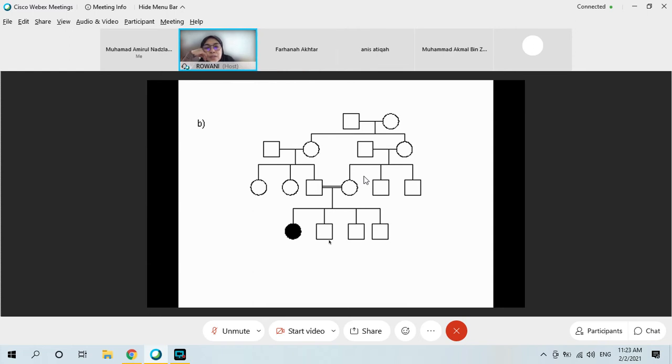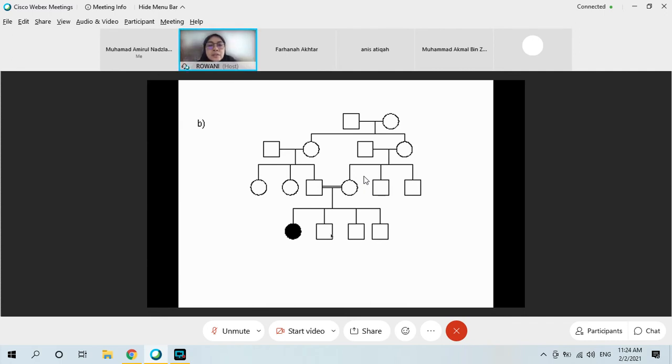So what do you think? I mentioned earlier, we have done whole genome sequencing and we found that there is a genetic variation in both alleles. So what do you think is the mode of inheritance of this genetic defect, which probably is the cause of the disease in this child? I think it's still autosomal recessive. Okay, that's correct.